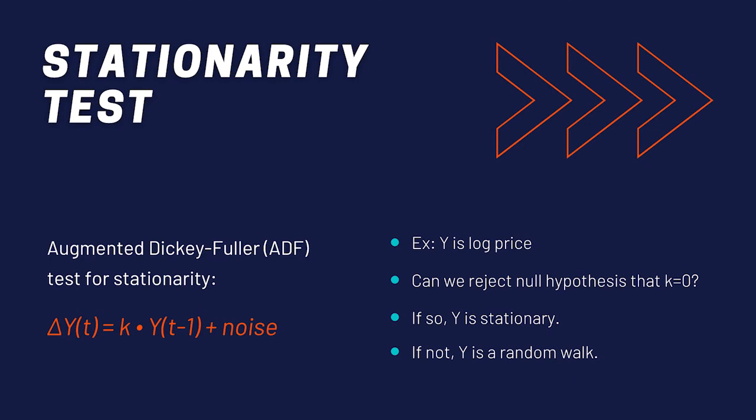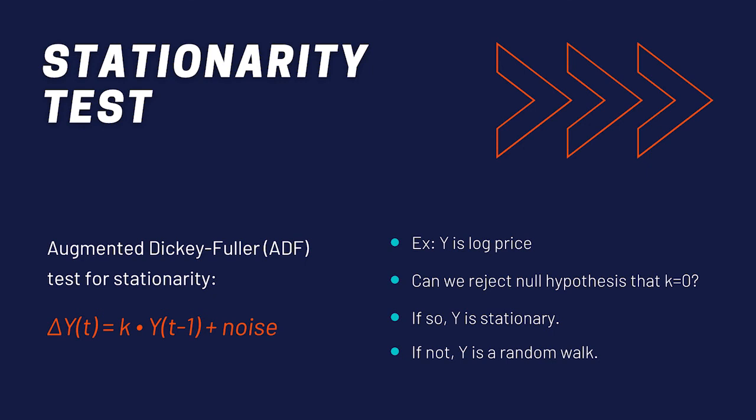It cannot be related to the previous price. If it can be related to the previous price, it's not a random walk. So the stationarity test in statistics is to test whether k, this proportionality constant, is zero or not. Can we reject the null hypothesis that k is zero? If we can reject that, this price series is a stationary price series.